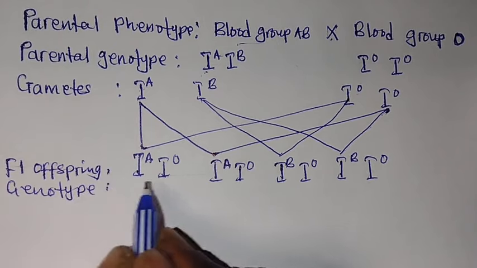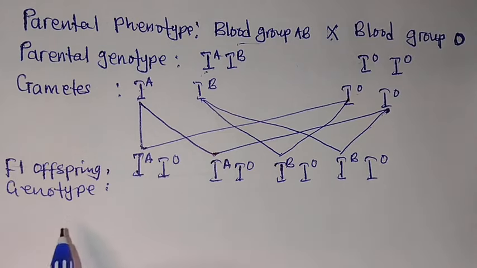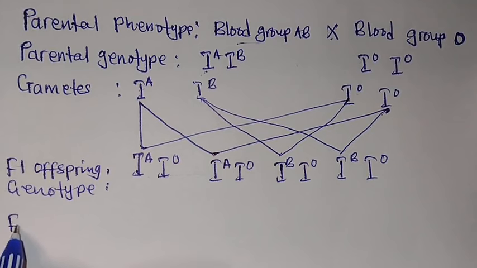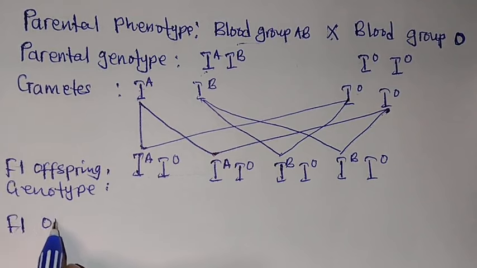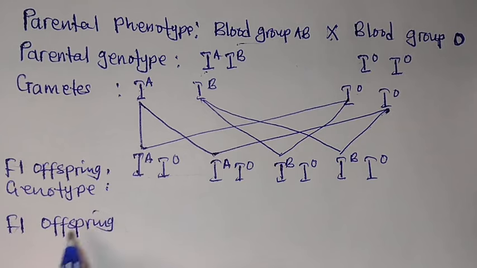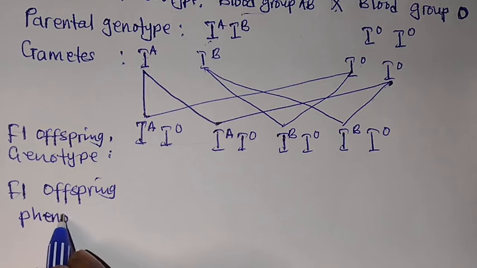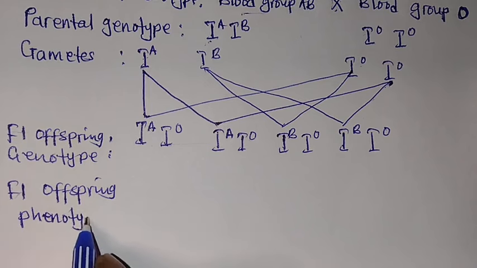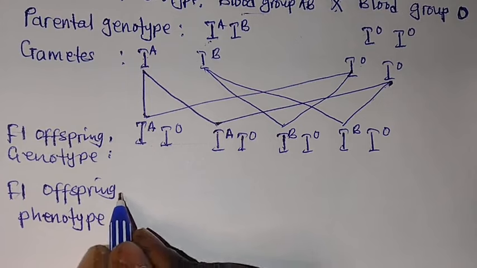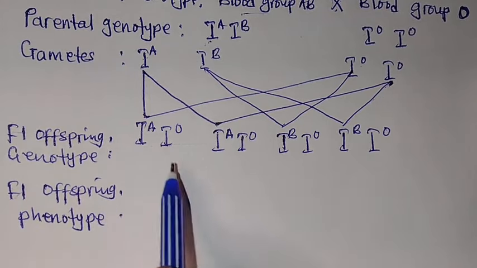So this is what we have. Then from here we need to come up with the F1 offspring phenotype. So F1 offspring phenotype will be written like this. We are going to look at the genotype.